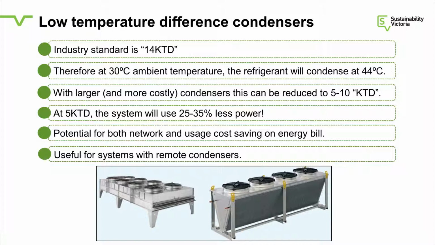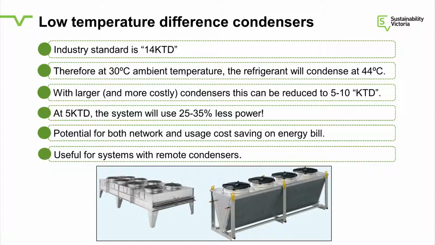What we're talking about here is the KTD. That is the three-letter terminology used by our industry, which is Kelvin temperature difference, and that's how you design the condenser. So remember that one picture I showed you of the 19 degrees air coming in and 26 going out? That condenser was running at 7 KTD. So that's good. But the design standard is 14 KTD for no particular reason. That's what the industry has kind of stabilized on.